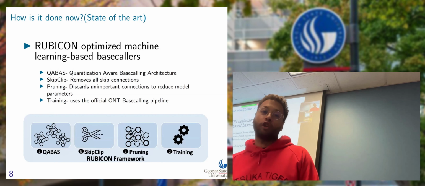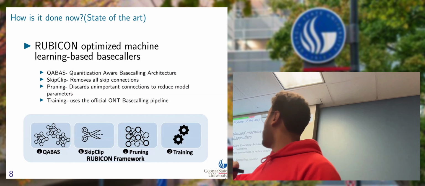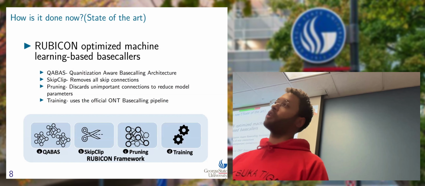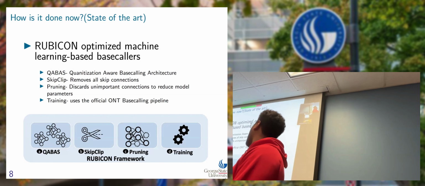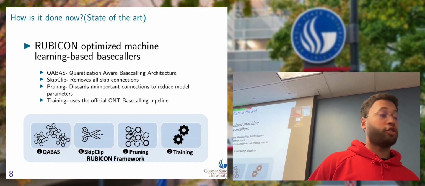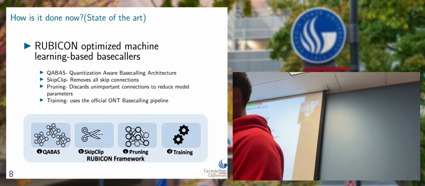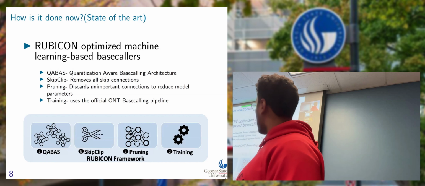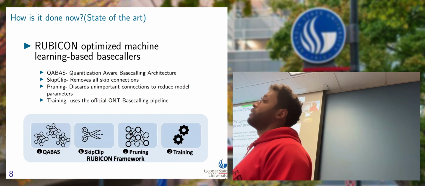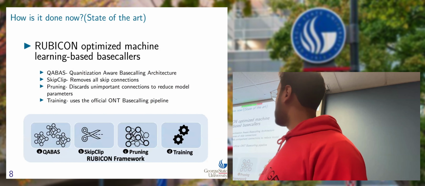Well, it's a search that you perform on base calling architecture to find that which is optimized for your hardware and the sort of data that you're about to deal with. So, in a sense, you perform this Quabus, which is admittedly computationally expensive.